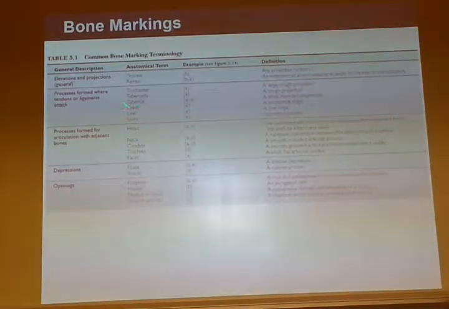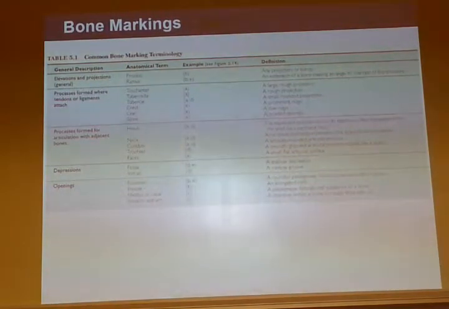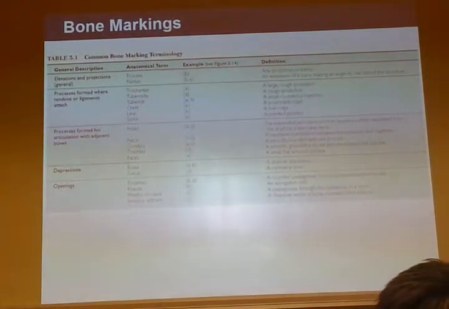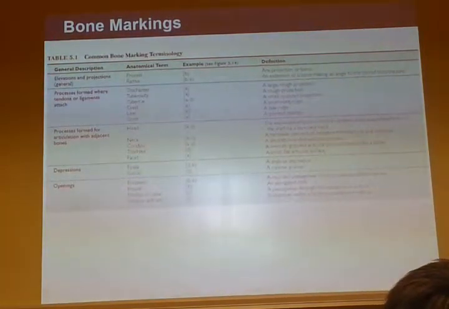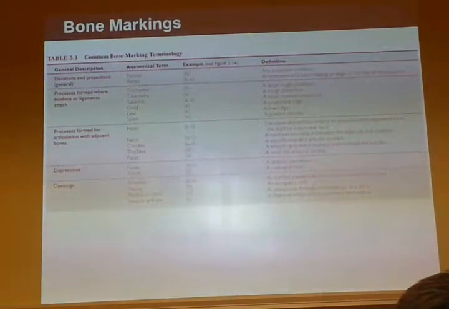But if it's a pointed process that's due to muscles pulling on it, then you call it a spine. Heads are round or relatively round surfaces. The head of the humerus isn't really round, but it's got a rounded surface. The head of the femur is nice and round.